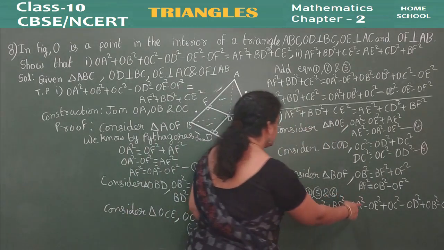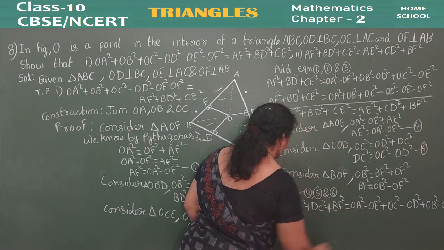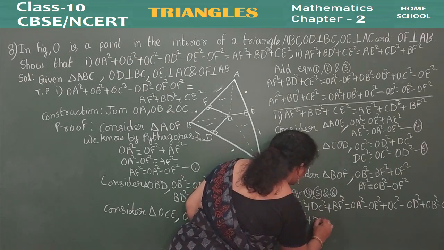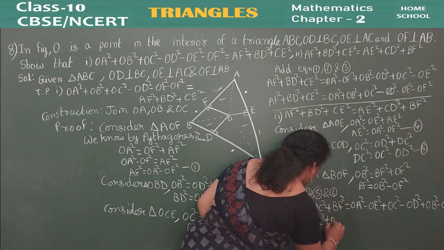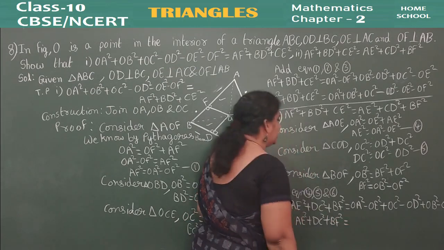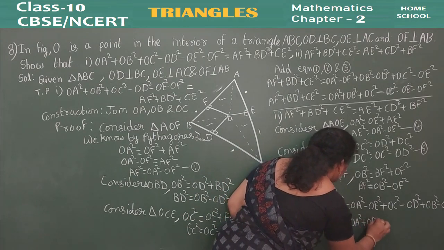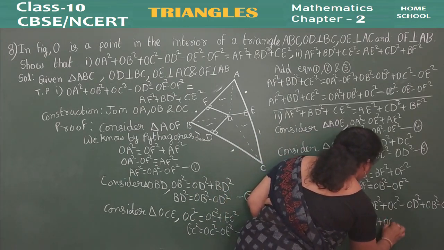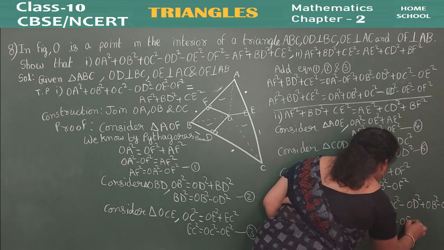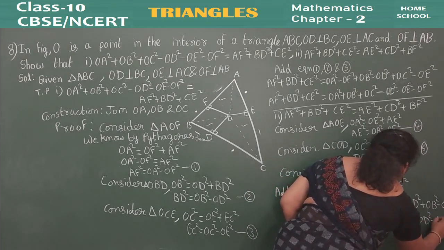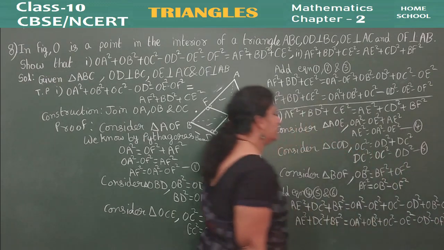Now rewrite, children. Plus sign this side, minus sign there. AE square plus DC square plus BF square is equal to OA square plus OB square plus OC square minus OE square minus OD square minus OF square.